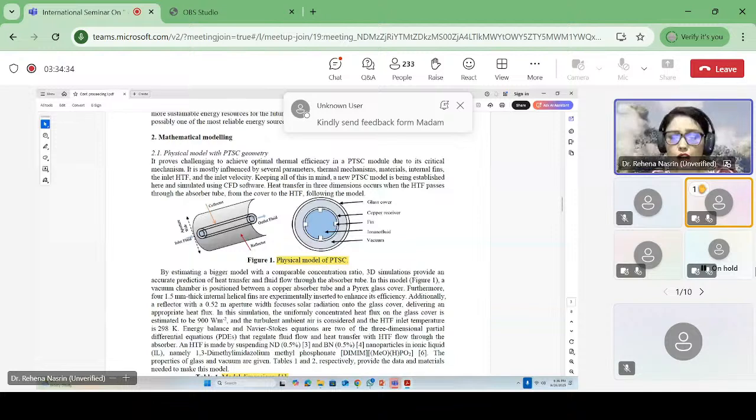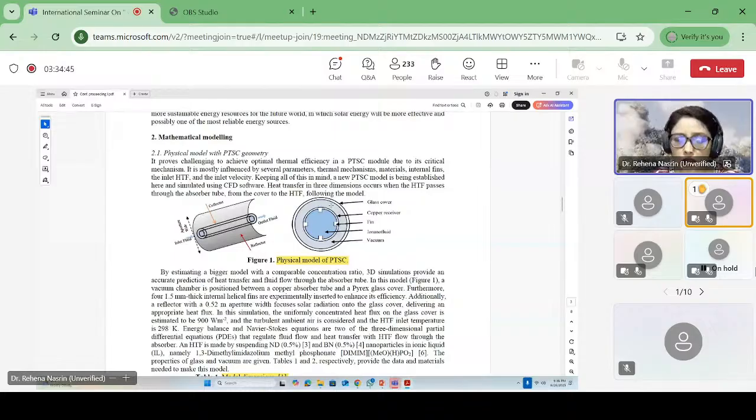So there are various parts of the absorber tube. First of all, glass cover, then copper receiver, glass cover thickness. And there are 4 fins inside the absorber.